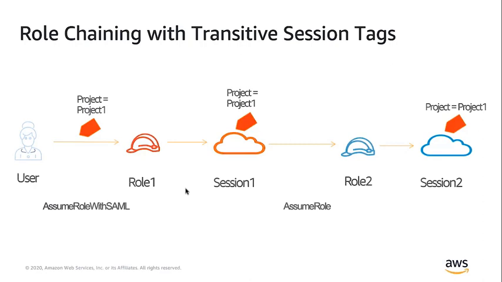Okay, so even if the user doesn't assign any value to this tag, it will just take the one from the beginning of the chain. Correct. So can the user add additional tags to the new session? Yes. If the user adds a new tag, the session will be tagged with it, as long as this is not a transitive tag key. Right.